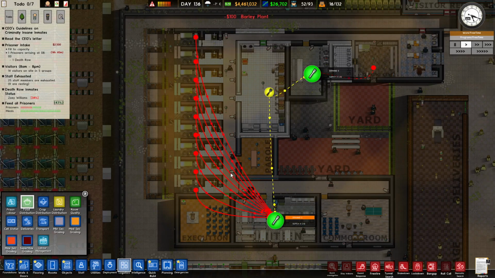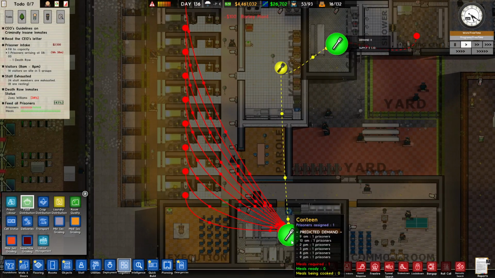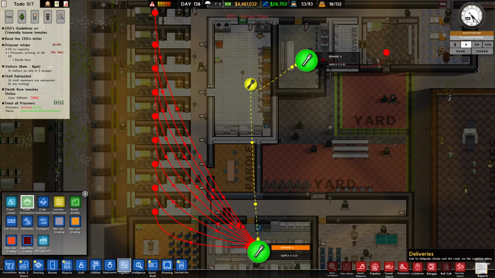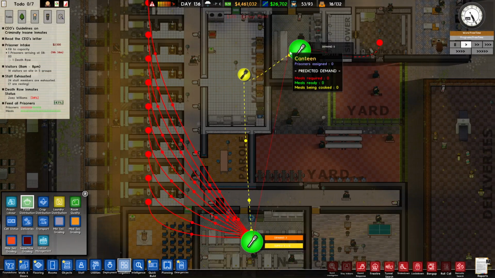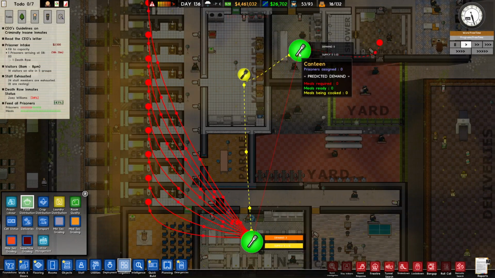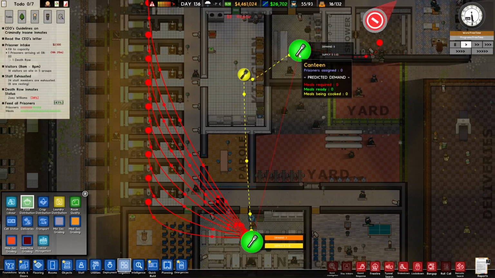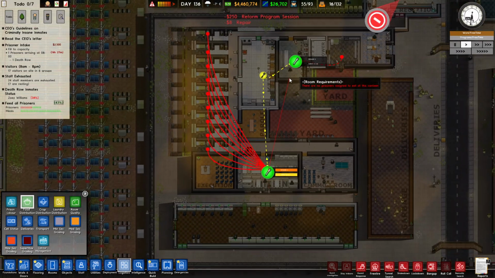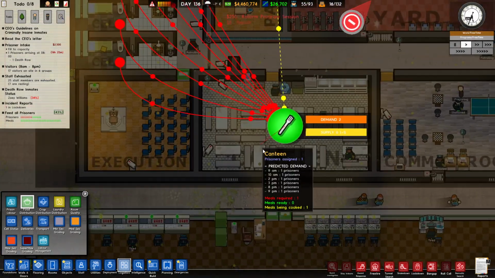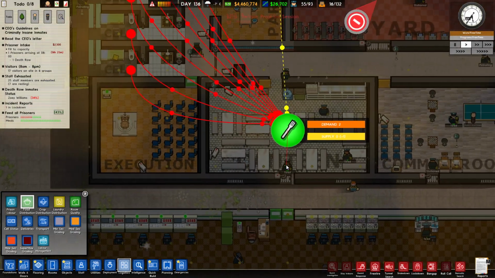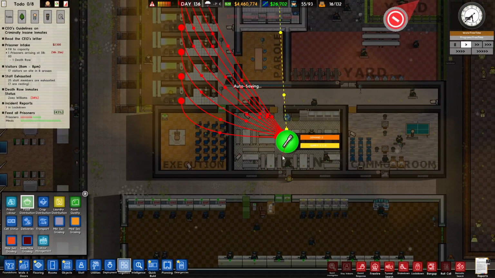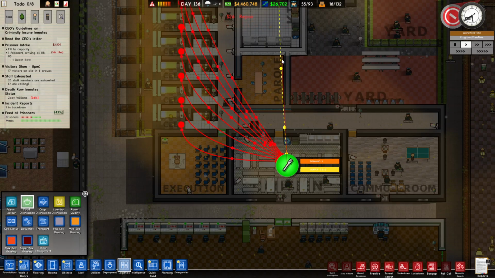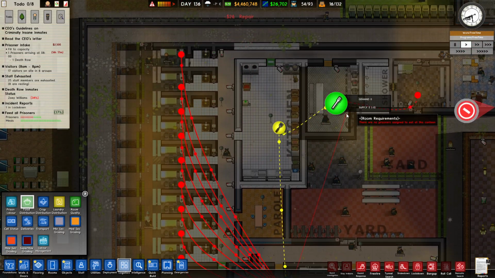We've got all of them? I think so. They've all gone solid, haven't they? And then this one is going to get stuck in the holding cell. It's a different kitchen. No, it's a canteen. It's a canteen.